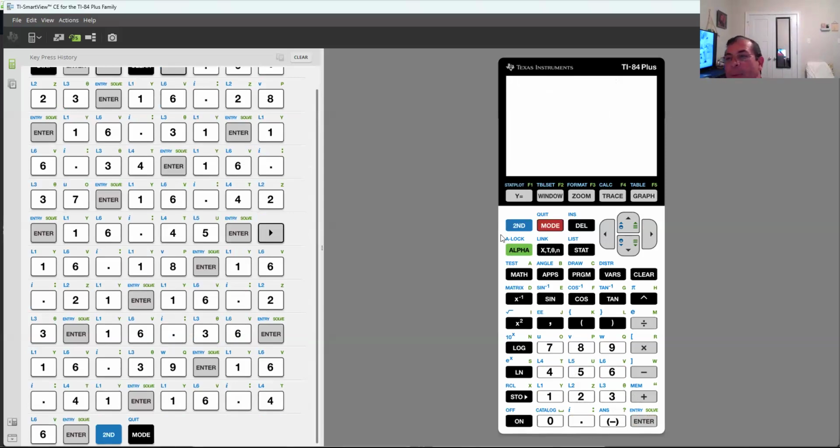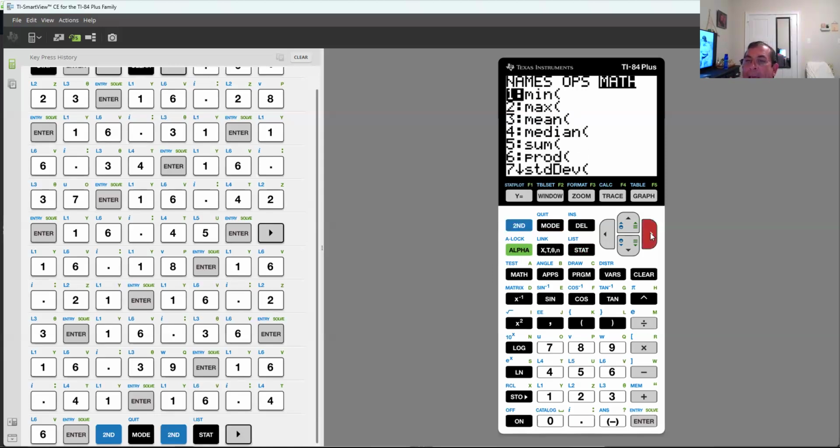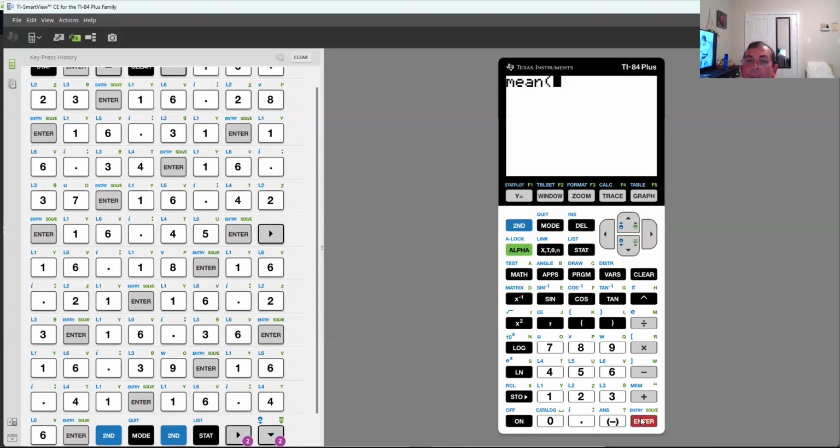So now let me find the mean for A and the standard deviation for A. So remember, to do math on it, I'm going to hit second stat. I'm going to arrow right and go to math. So my first mean, I'm going to go down here and highlight 3 for mean, hit enter.